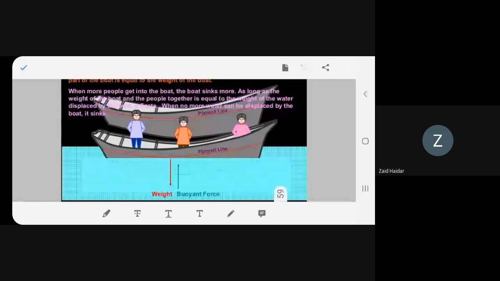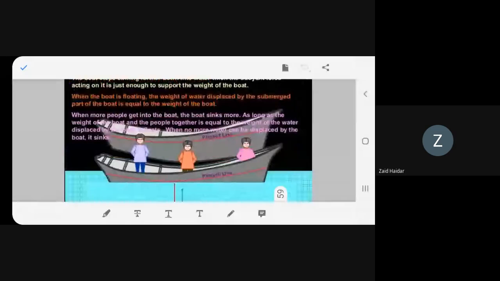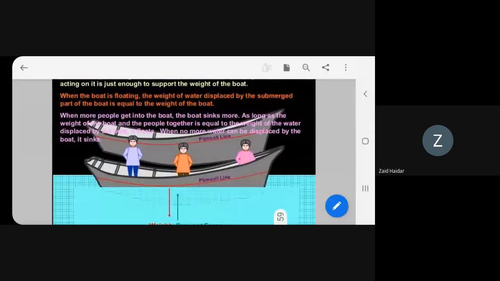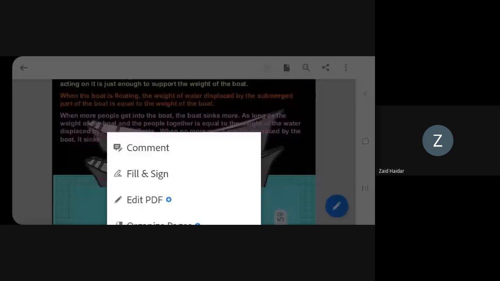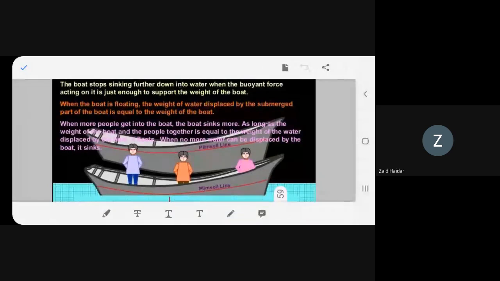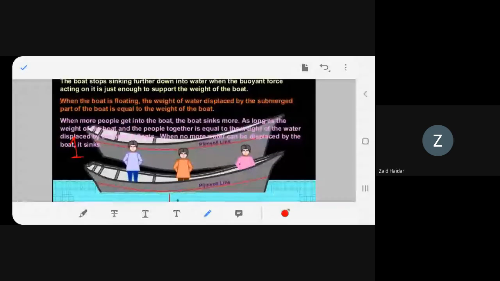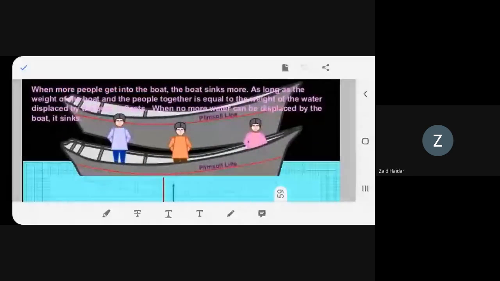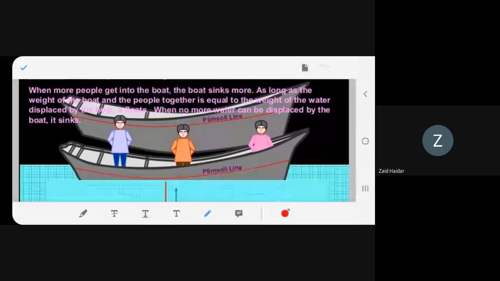Okay. This much you have understood? You can compare the first boat and the second boat. I'm just showing them together. In the first boat, this much is outside the water. And in the second boat, let's take the Plimsoll line.